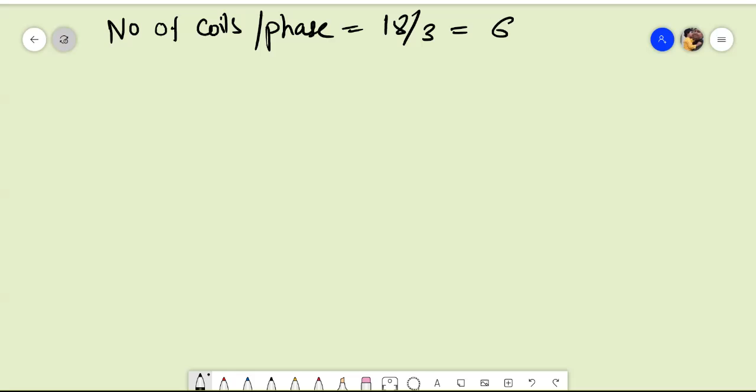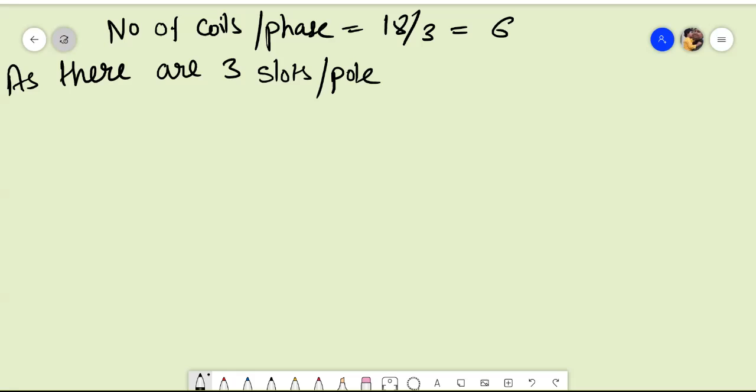So we can see from this given data that there are 3 slots per pole per phase, or we can say 9 slots per pole.